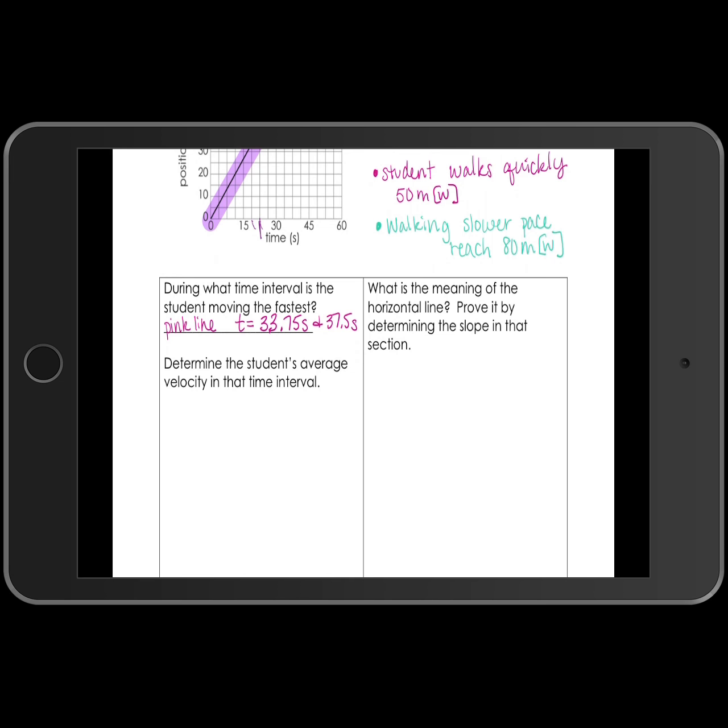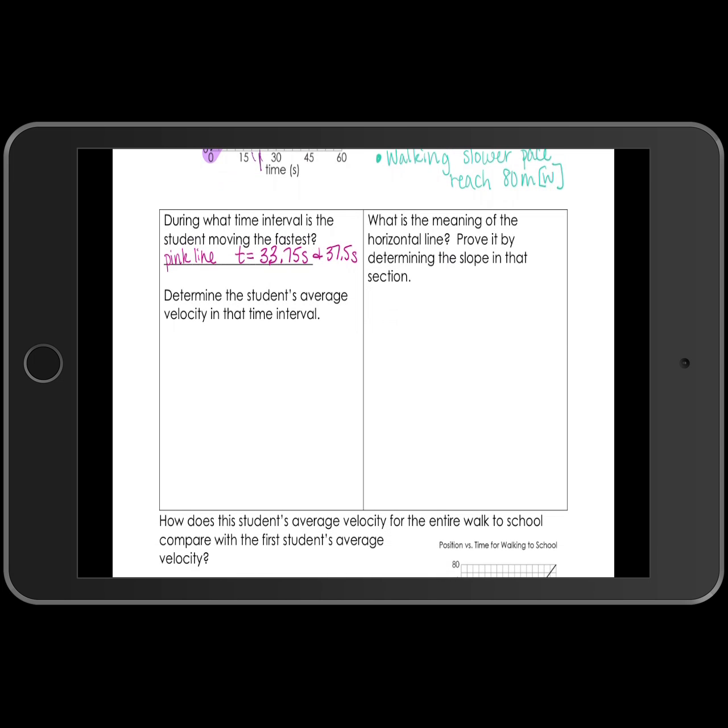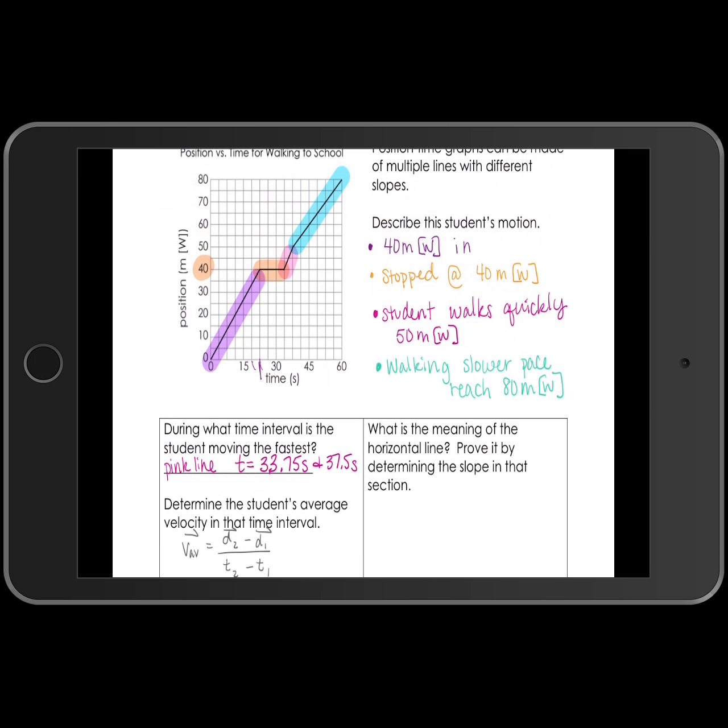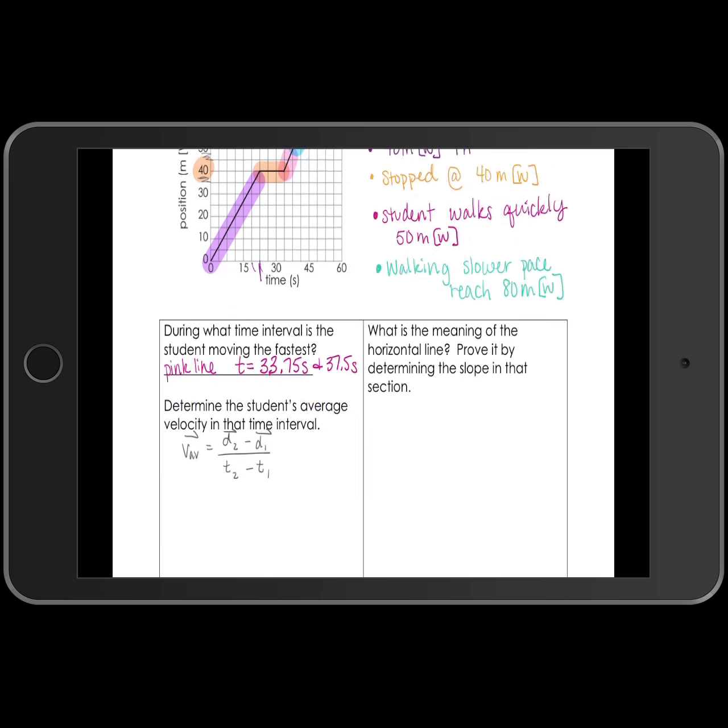To determine the student's average velocity at that time interval, if you remember, average velocity is position 2 minus position 1 over time 2 minus time 1. So we can plug in this information. If we look at the position, they went from 40 meters to 50 meters west.